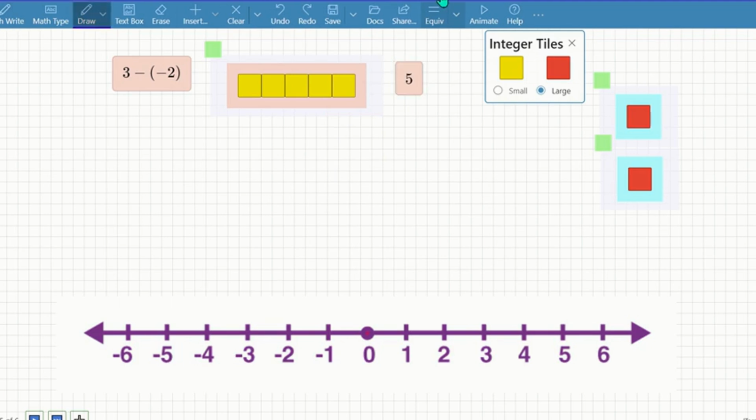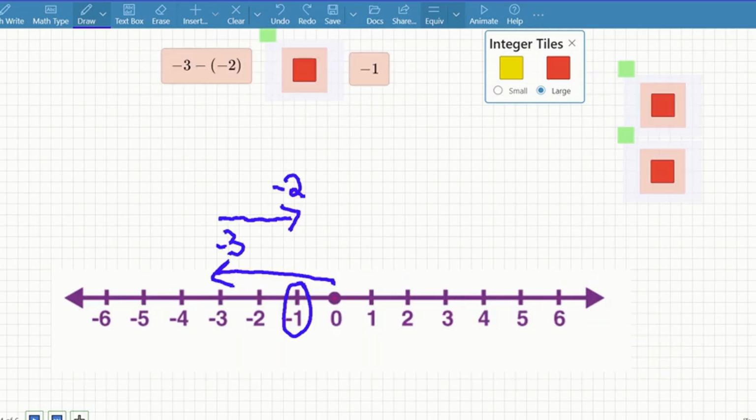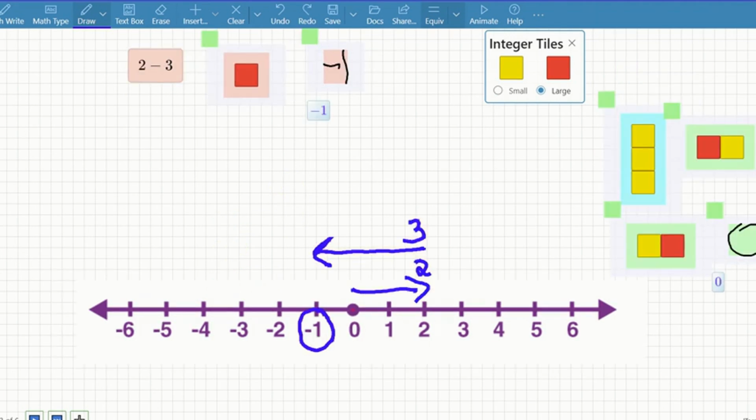Now, how does this look on a number line? I start out in the positive direction of 3, and I'm going to take away from that negative 2. Now, when we look over here, when we took away negative 2, we went in the opposite that we did down here. So we go to the right. When we take away positive numbers, we go to the left.